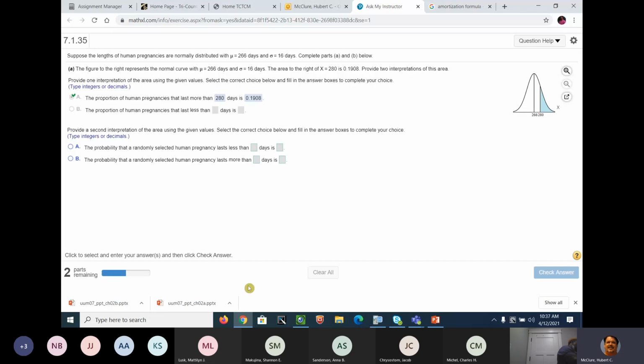The probability of 280 or more is 0.1908, or the probability of at least 280 is 0.1908.